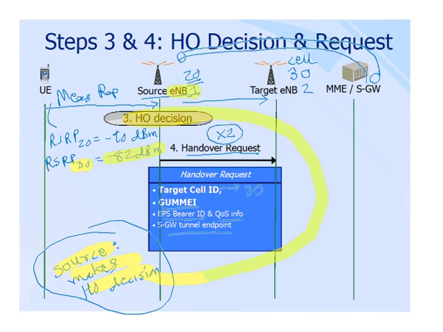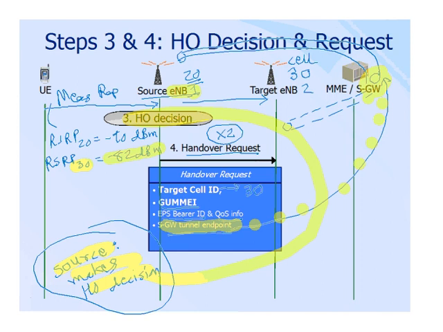So we are providing this end of the tunnel, because the new E node B will need to establish a tunnel, and it can then use that tunnel endpoint. So that's why it is important to know about the tunnel endpoint.